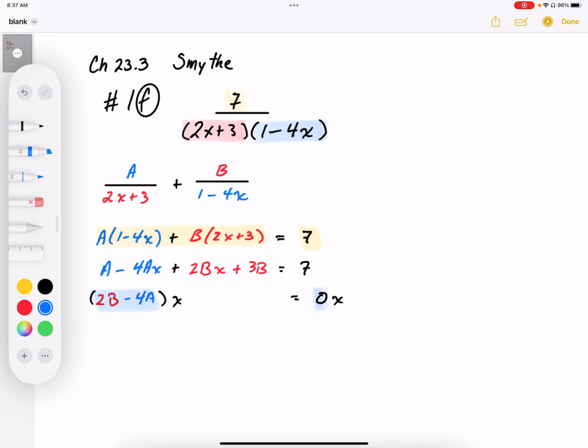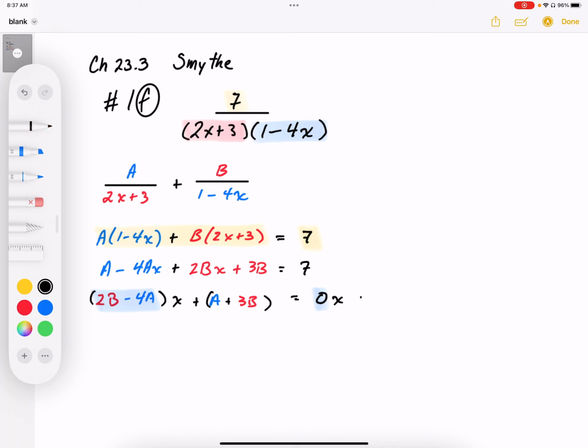We also have the constant term of a plus 3b, and this is going to represent the constant term.